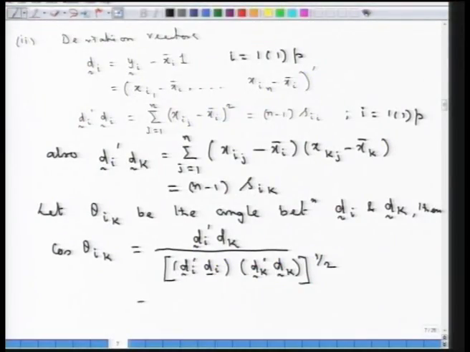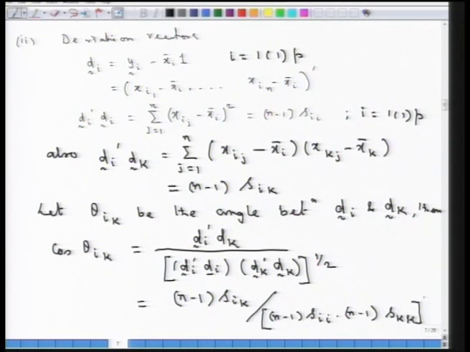And what is this equal to? As we have seen, d_i prime d_k is n minus 1 times S_ik, the covariance, divided by, now d_i prime d_i, as we saw, is n minus 1 times S_ii, and d_k prime d_k is n minus 1 times S_kk, whole raised to the power half.